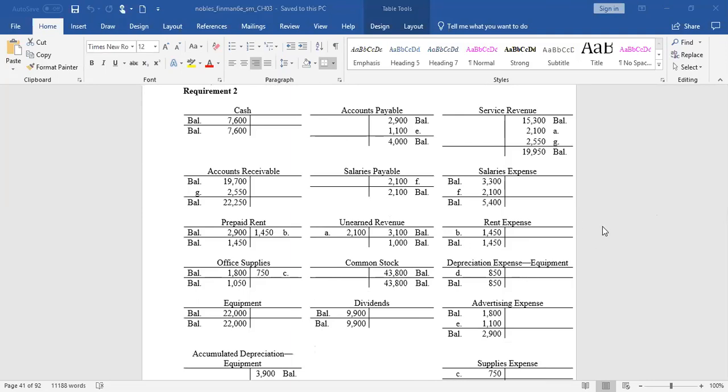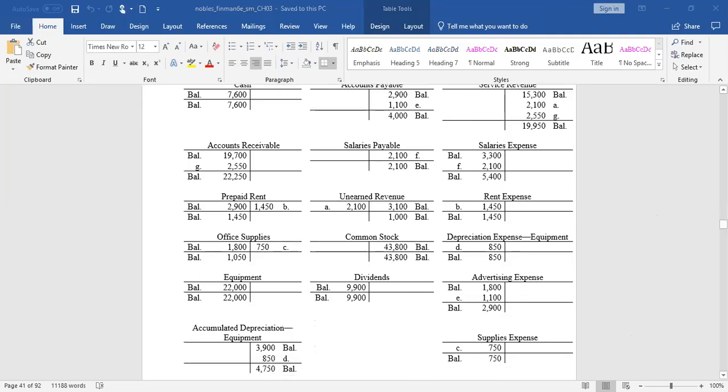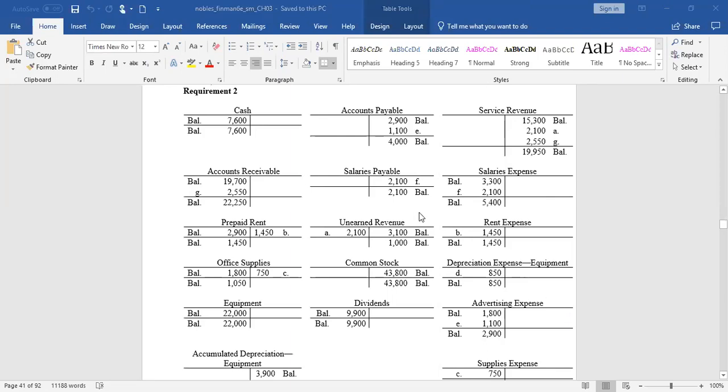So for journal entry A, you should have debited unearned revenue, there it is right here, and credited service revenue. Whatever happens in your journal entry, we've already done the analysis, you do in the T account.